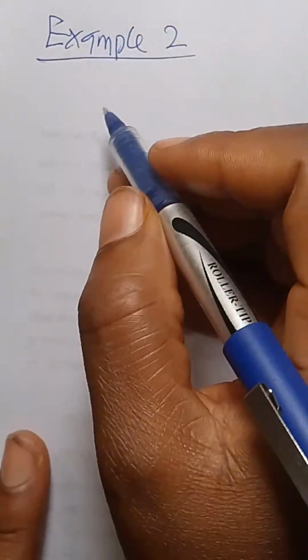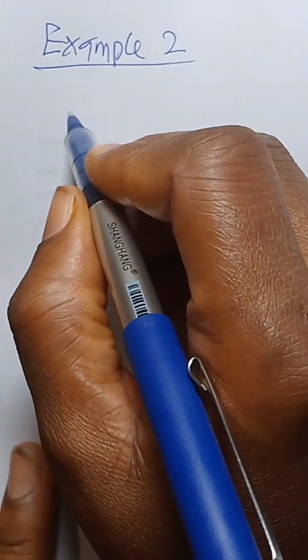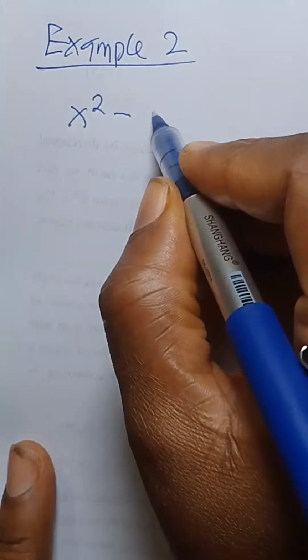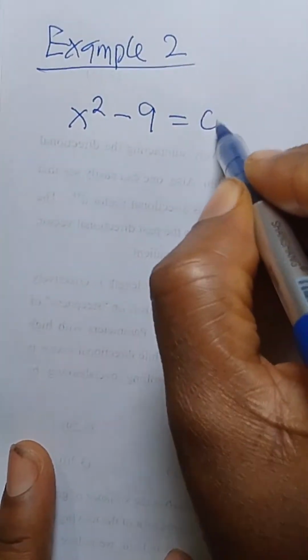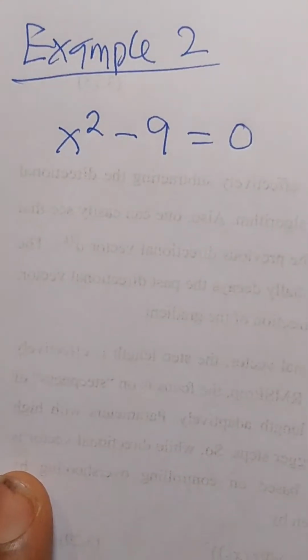On example 2, we have x square minus 9 equal to 0. All right, so I want to solve x square minus 9 equal to 0.